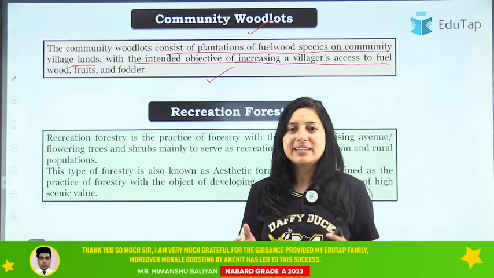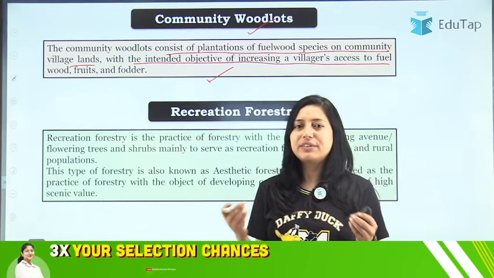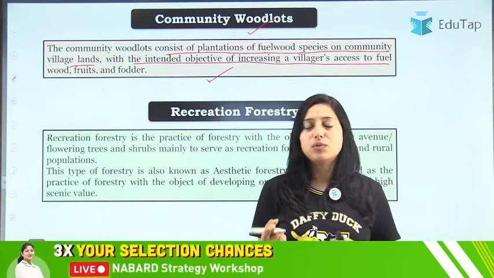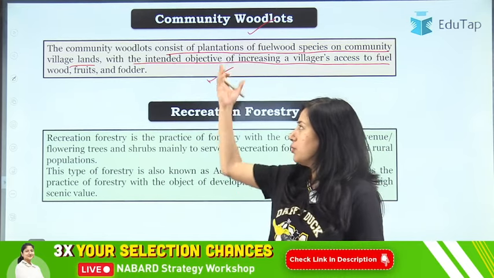It is done at the village level mostly. So whenever a plantation is done for the benefit of people, so that they can get wood fuel from there and fodder for their livestock, that is your community woodlot.